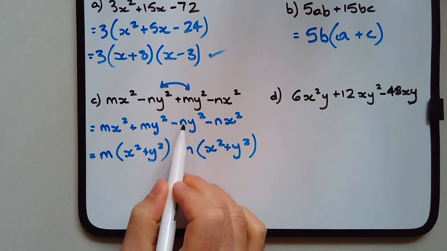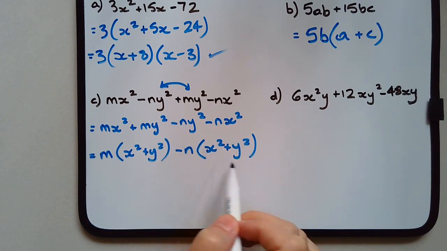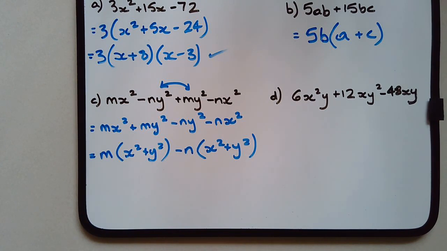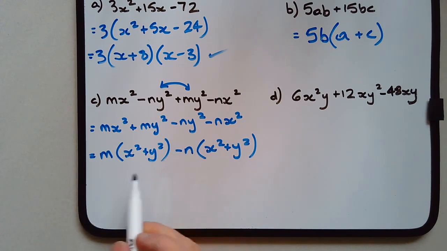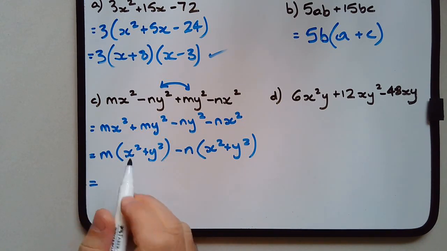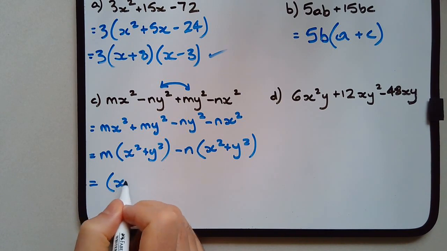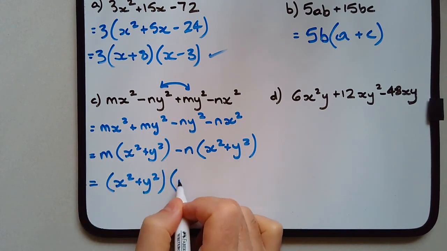Because I'm taking out a negative n, you end up with y squared plus x squared in the brackets, but y squared plus x squared is the same as x squared plus y squared. Now with addition you can switch terms around. Okay. Now clearly I have a set of brackets here that are identical. Okay, so I can take that out as a common factor. So x squared plus y squared, and m minus n is left behind.